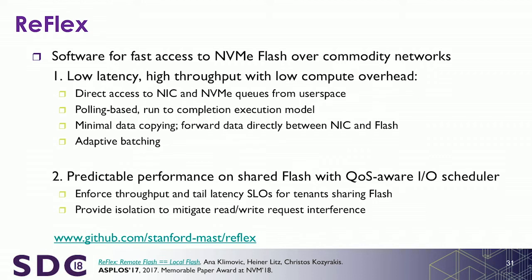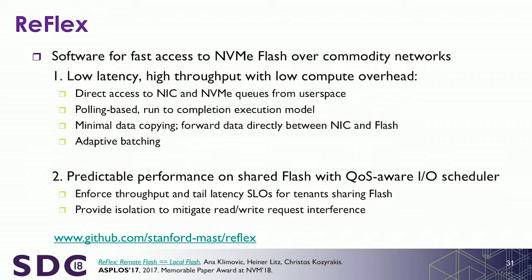The way ReFlex achieves this kind of performance is by doing direct access to NVMe and network queues from user space. So we're leveraging libraries like Intel's DPDK and SPDK. We use a polling-based execution model that runs to completion. So when we pick up a packet from the receive queue, we continue processing it until we submit the request to flash storage.